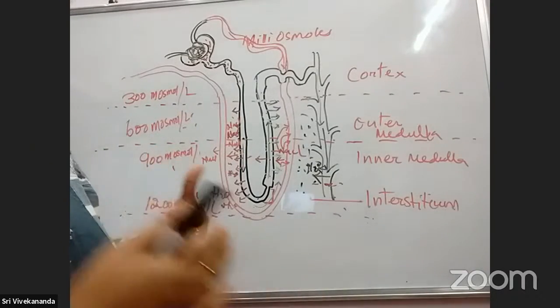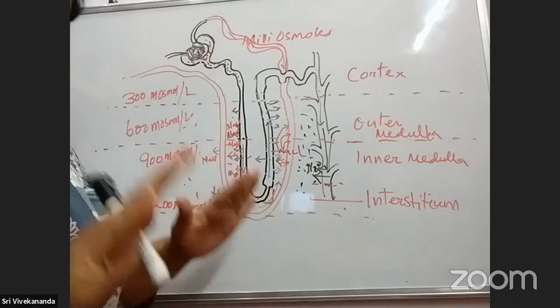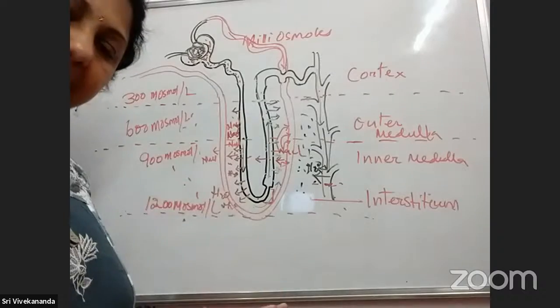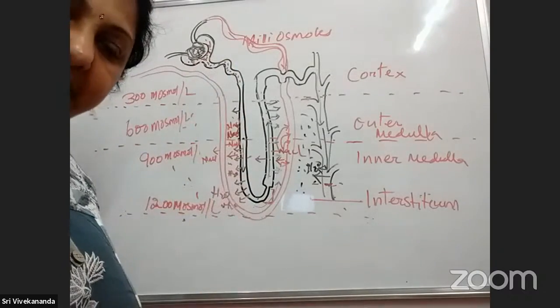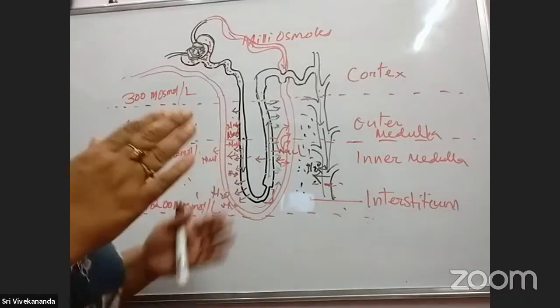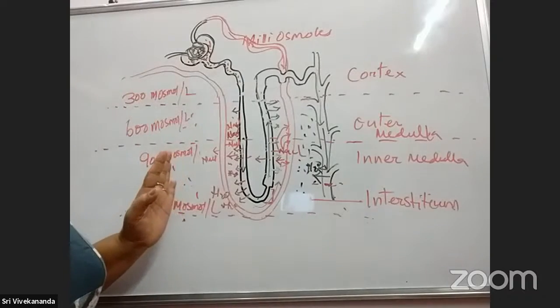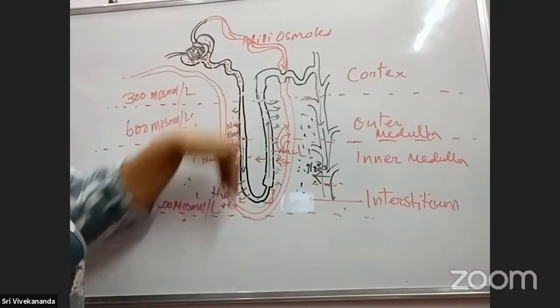No entry and exit of water and salt. So it was 300 in the blood. When it came out from the blood into the Bowman's capsule, then also it is 300, because change has not taken place up to this. Next, what happens after it flows a little down?